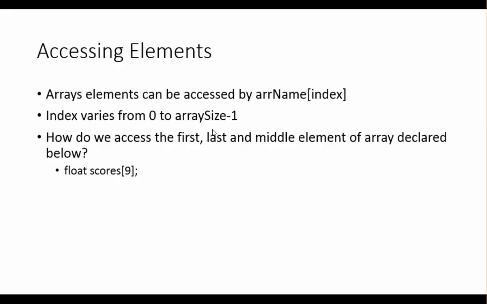Which one will be the middle? Actually it will be the 5th element, but when we access, the index will be 4. So scores of 4. Perfect. That is also clear.